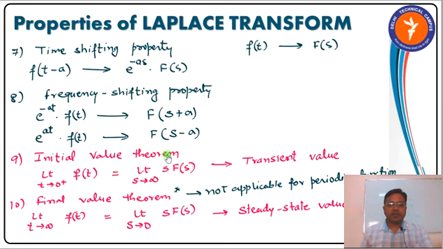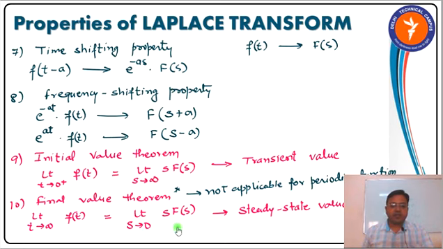Next we have the initial value theorem. If we want to find the initial value of the given function in the time domain, then it will be equal to the limit as s tends to infinity of s times F of s. This will give us the initial value or the transient value of the function. Similarly, if I want to calculate the final value or the steady state value, then the final value of the function f of t will be equal to the limit as s tends to 0 of s times F of s.